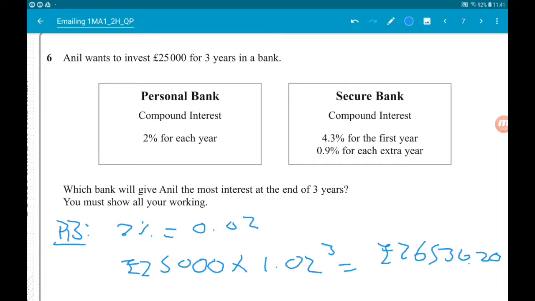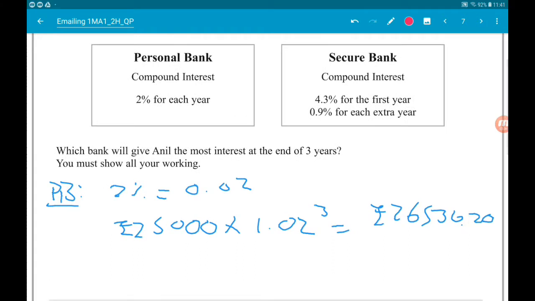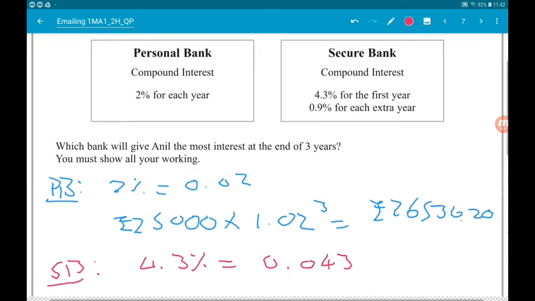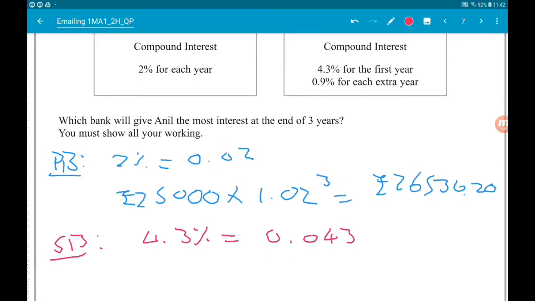Okay, and then for secure bank, 4.3% is 0.043. 0.9% is 0.009.